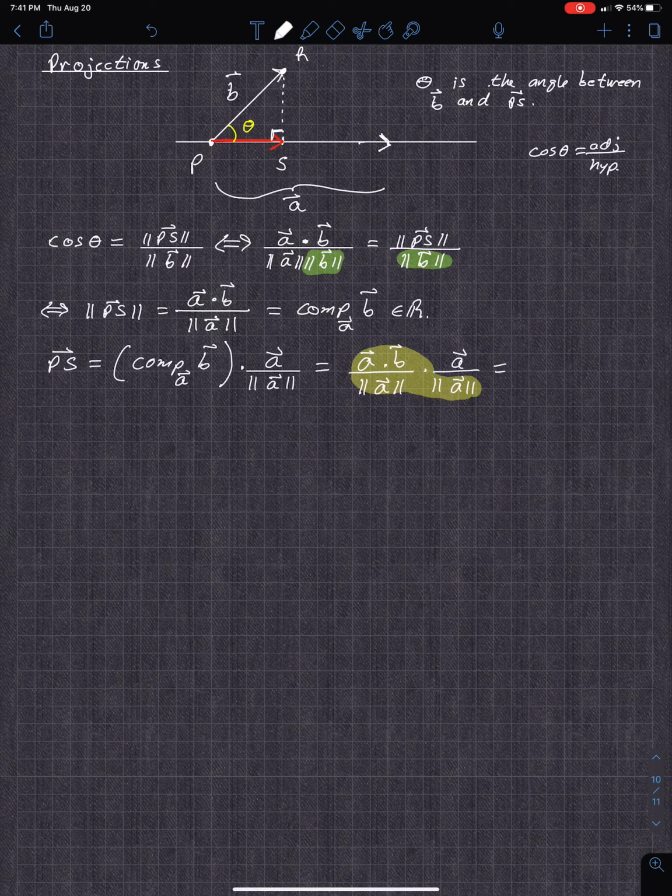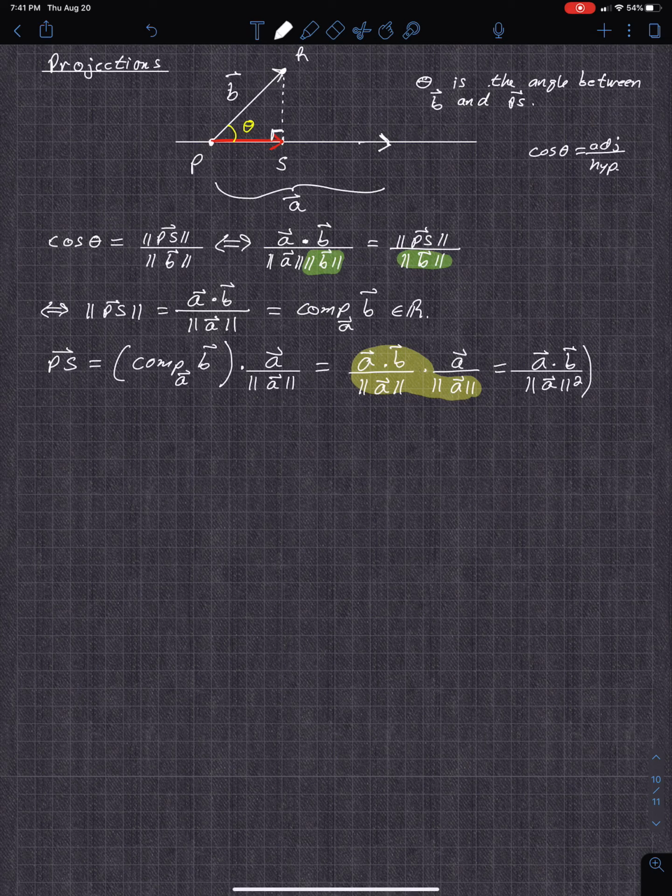So it's the projection of B onto A that you're looking at. So it's A dot B over magnitude of A squared.